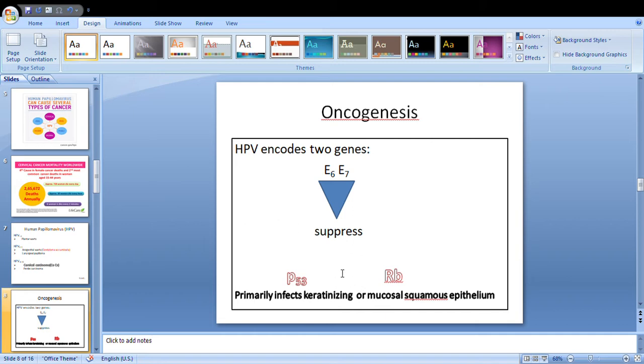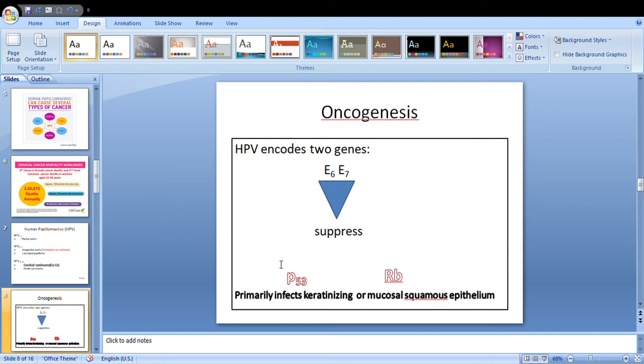So the P53 and the retinoblastoma genes are suppressed by these two genes encoded by the papillomavirus. So this is how oncogenesis occurs in the human papillomavirus.